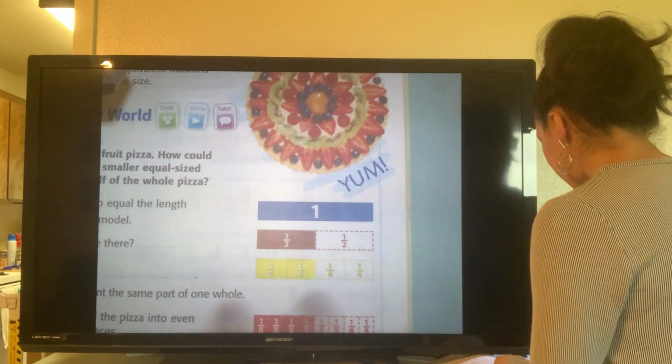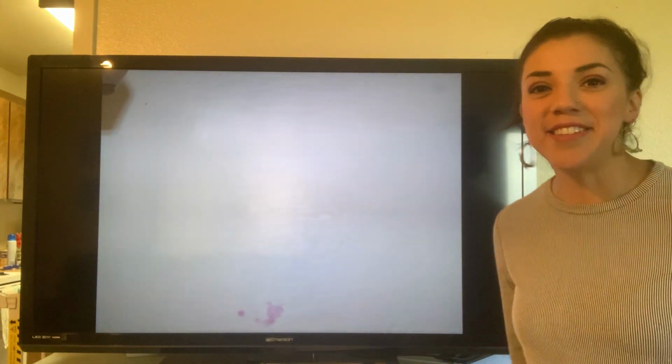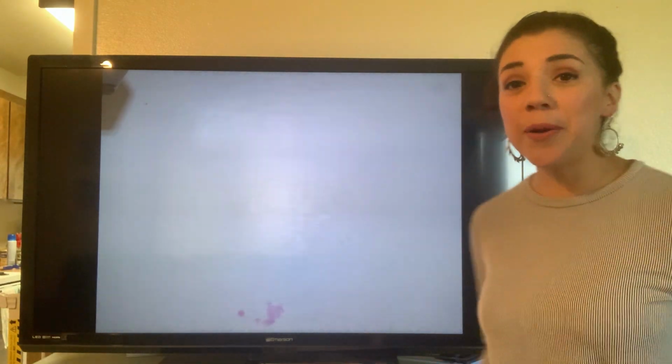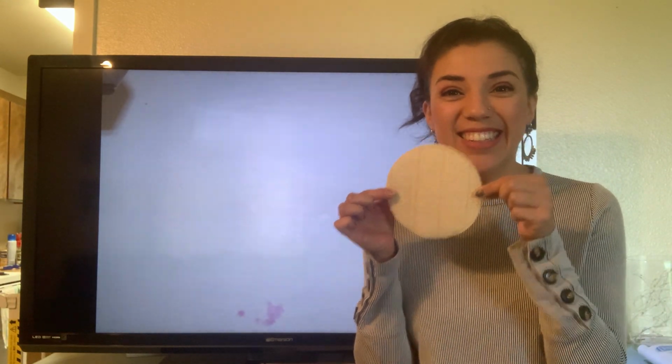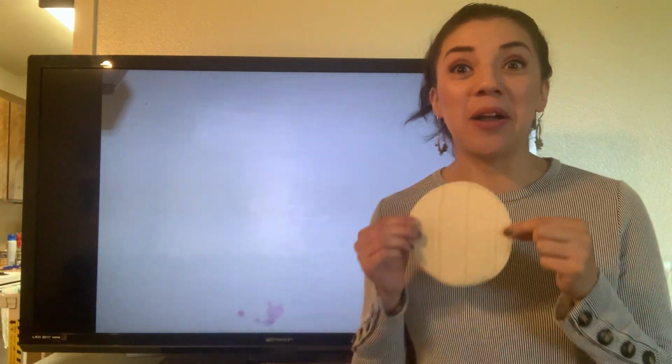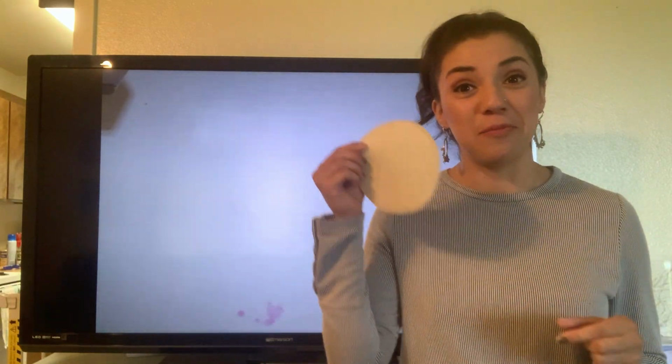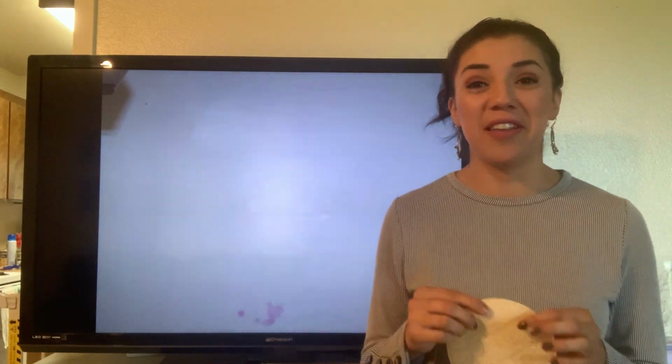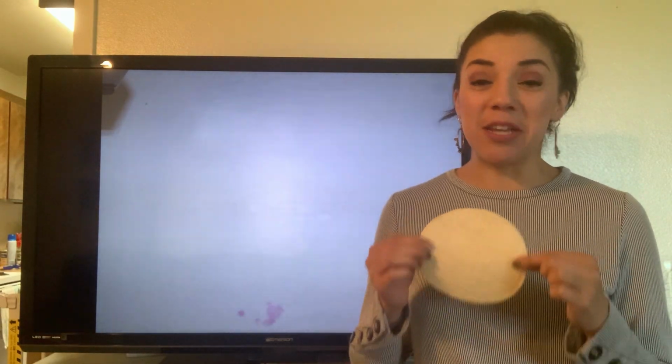Now, me, having all the stuff I have at my house, we're going to use tortillas. Corn tortillas. Store-bought corn tortillas. These are the ones you buy at the store, different than the ones you make at your house.